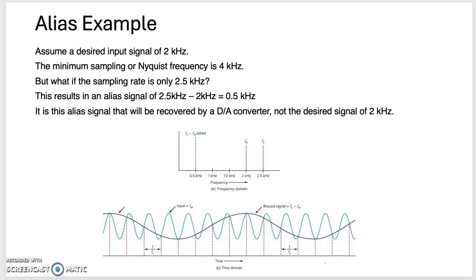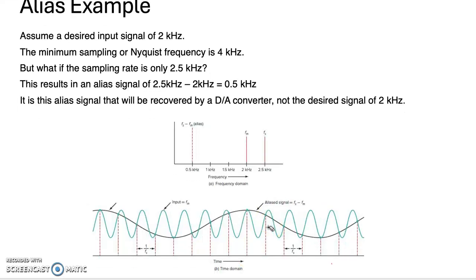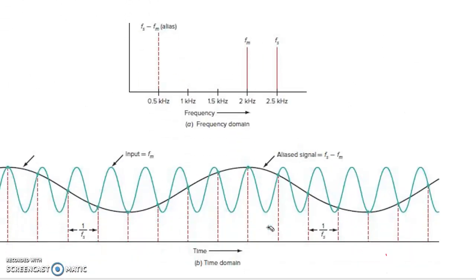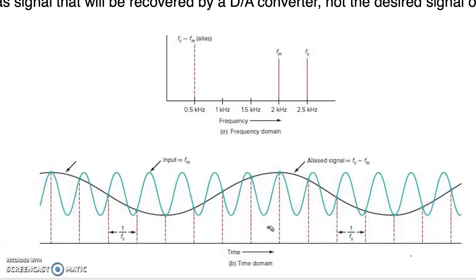Okay, so we know that aliasing happens when the sampling rate is smaller than the Nyquist sampling. So assume we have an FM of 2 kilohertz.